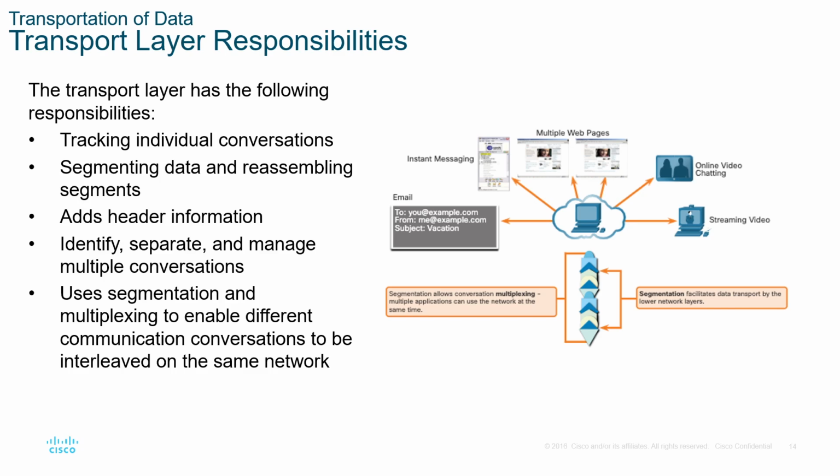There's probably more than one of you guys using some chat IRC client. There's probably more than one of you going to google.com at the same time. So multiplexing is a way for us to share that network connection and allow these apps to all participate together. You can see they're different colors because there are different applications going out in a line. So we queue them up, push them out as fast as possible. Segmentation facilitates the data transport by the lower network layers as well.